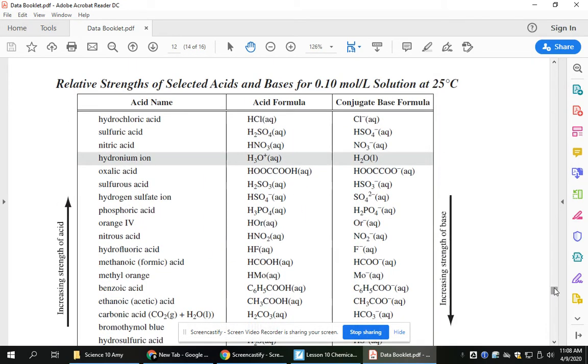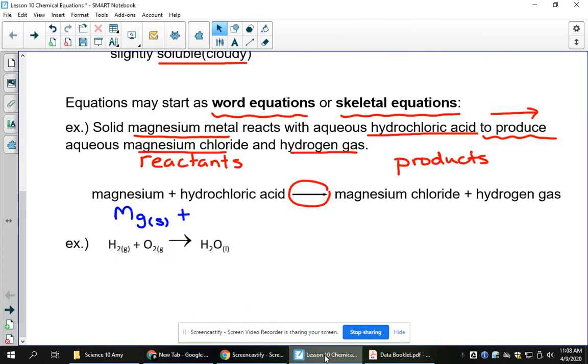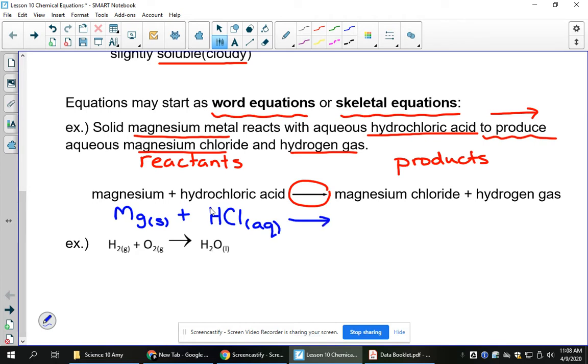Yes. So on page 12, you have a whole list of acids. The first one, hydrochloric acid, is actually given to you right there. You'll learn how to name acids later on in grade 11, but for this one, it's HCl aqueous. So that's just a matter of finding it in the data booklet and copying it down.